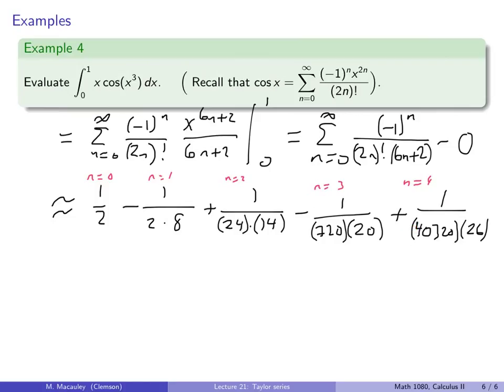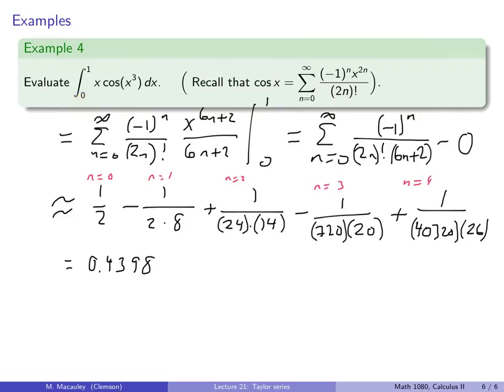So if you add these things up, actually this one I did in advance, I didn't do the intermediate steps though, this is equal to 0.4398. So this integral is not equal to that because I made an approximation sign here.